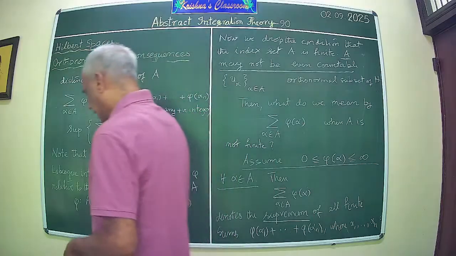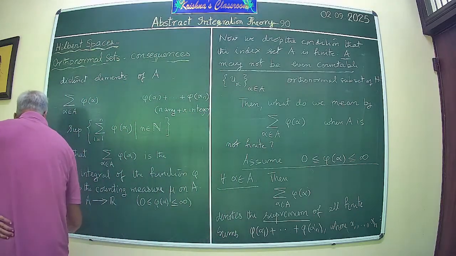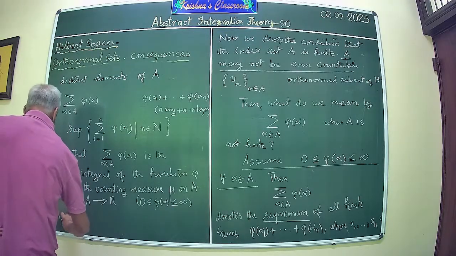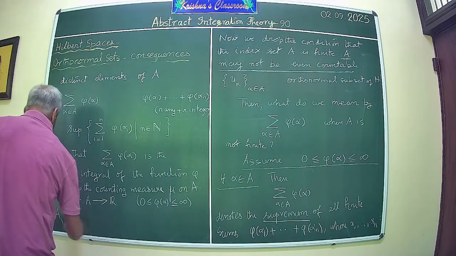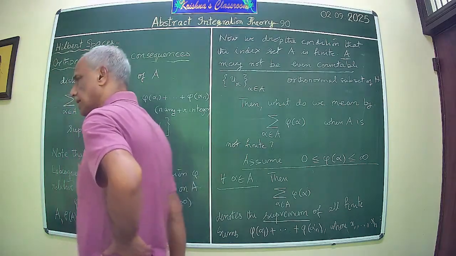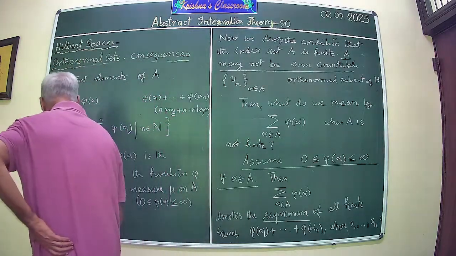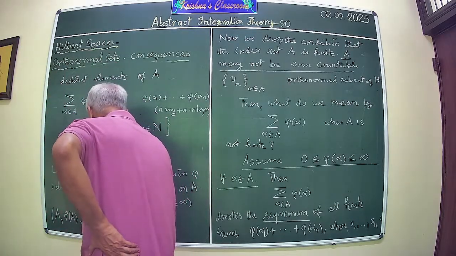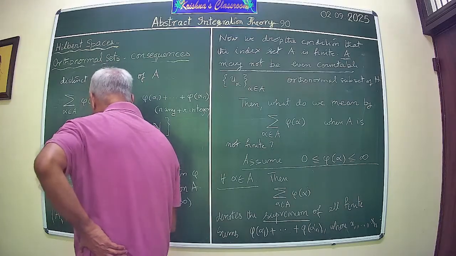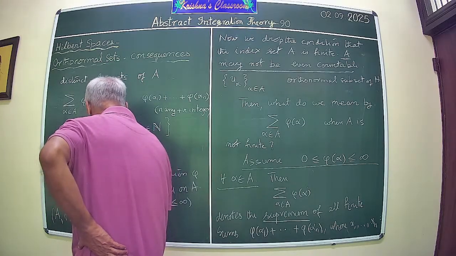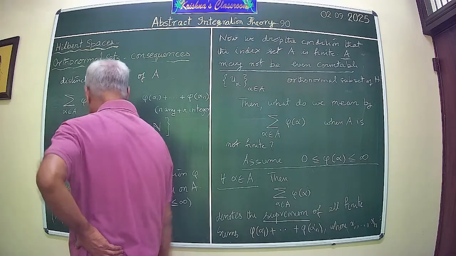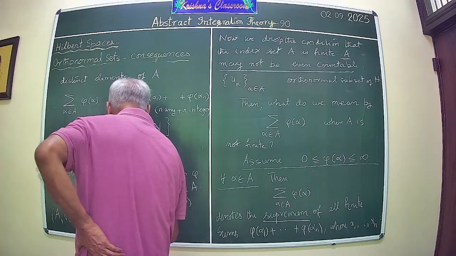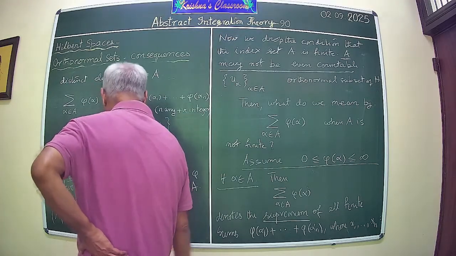Now on A, we make a measure space. Well, how do you do that? A, P(A) is a sigma algebra on A, and then we define mu. Mu is the counting measure: mu of some subset F is equal to the number of elements in it, or the cardinality.